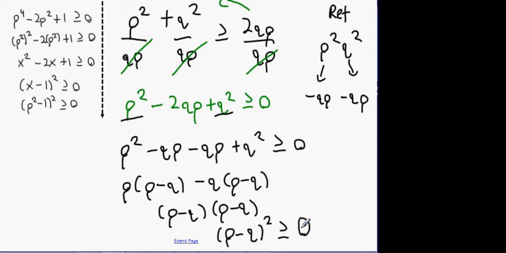Adds on a bit of work, but if you really want to do it that way, who wants me to continue breaking them down like that for the next couple of questions? Okay, I'll do it, just to say that it's done. So it turns out to be p minus q squared greater than or equal to 0. So you can see it actually can be done. I just never bothered doing it before because I never had to.